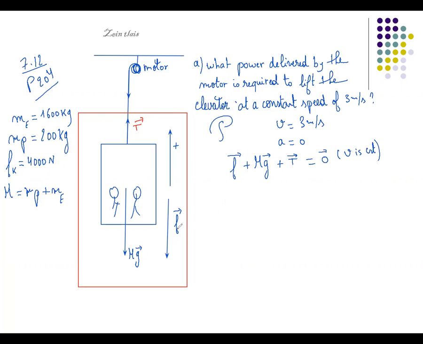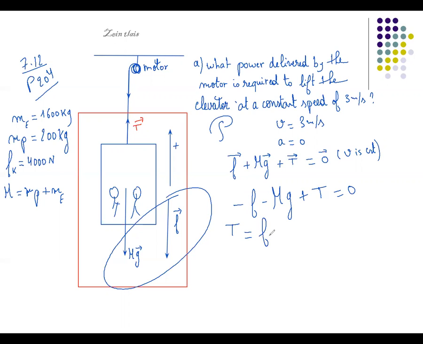We have F and mg in the negative direction, minus F minus mg, and plus T equals 0. So T equals F. We have the value of F, okay, we can keep it F.